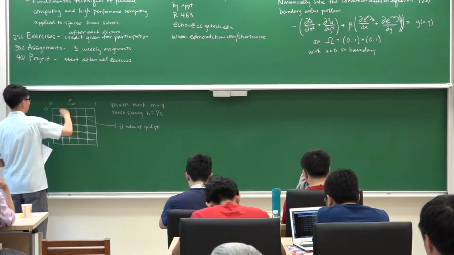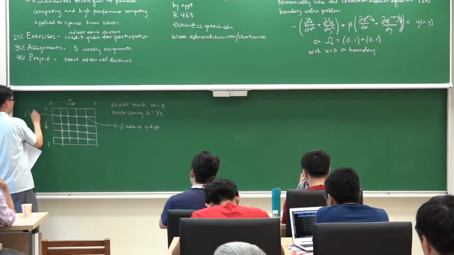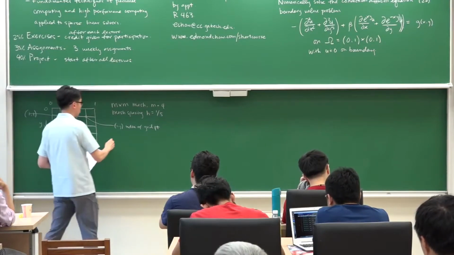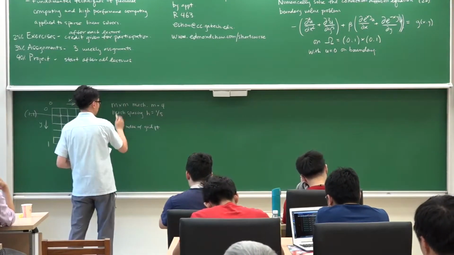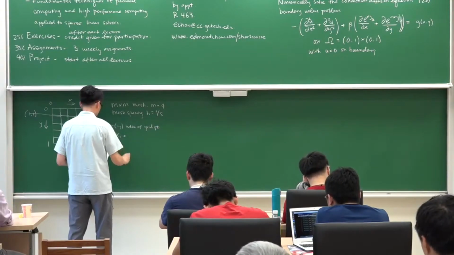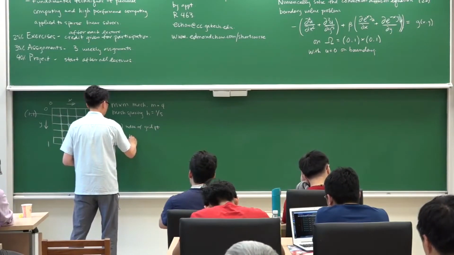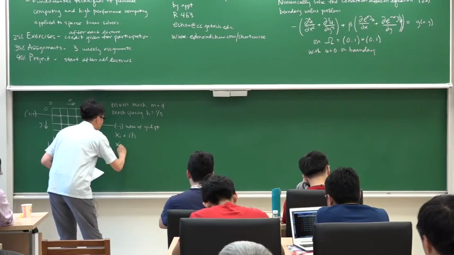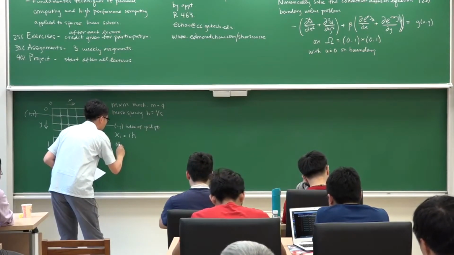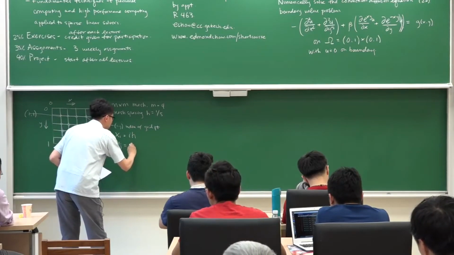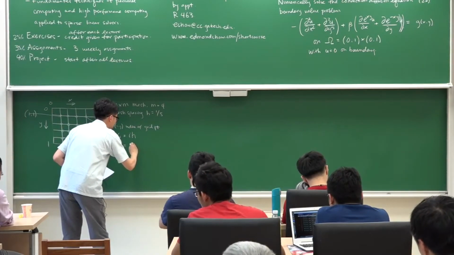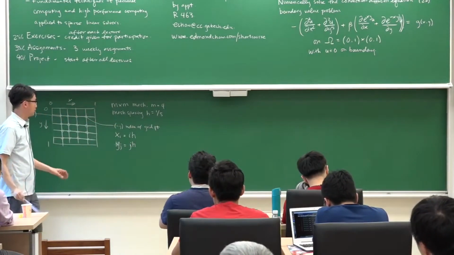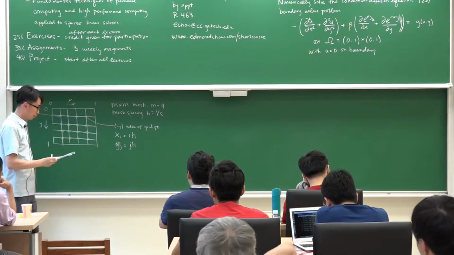The very first one over here will be 1, 1. I'm going to use as notation x_i equal to the x coordinate of index i, so that's equal to ih, and y_j is going to be jh. I'll use these for convenience.